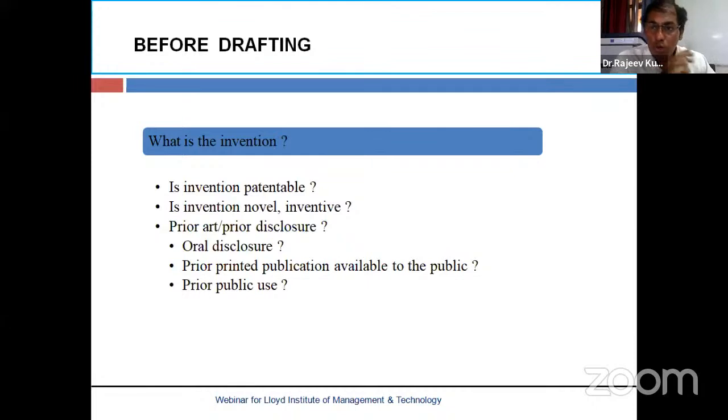So even the oral disclosure of your invention can make it a prior art, and that also can be a hindrance for you getting that patent.